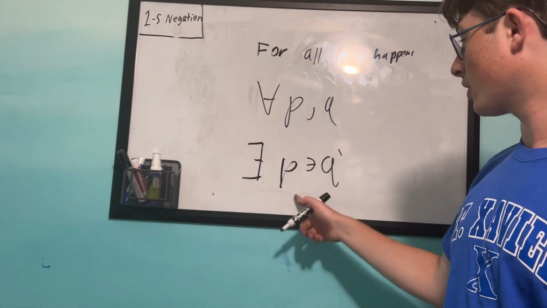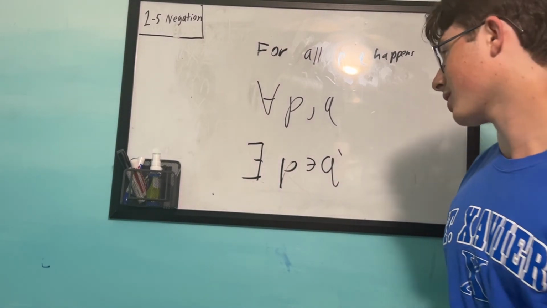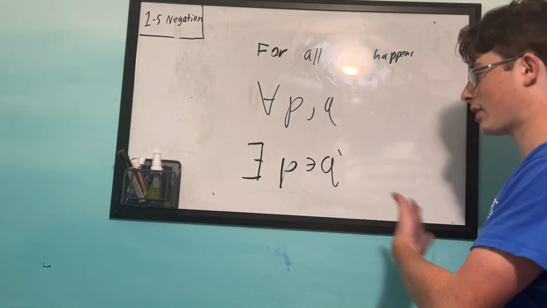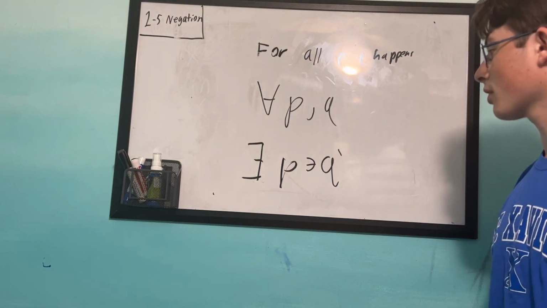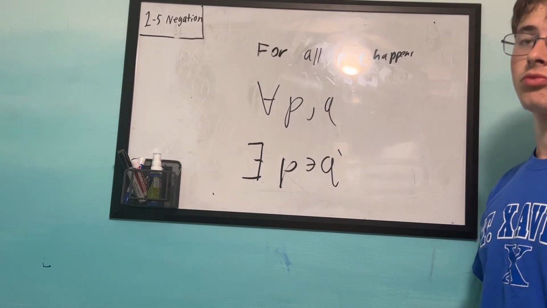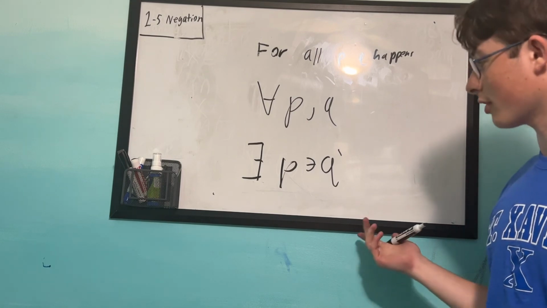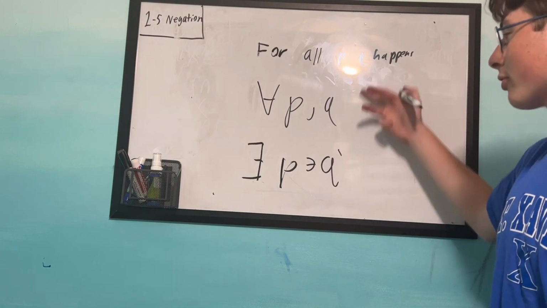There, for some P such that Q doesn't happen, or in a more English way, there are some P where Q does not happen. Which is obvious, if you say all cars are green, well, you can say some cars are not green, which is applying this principle right here.